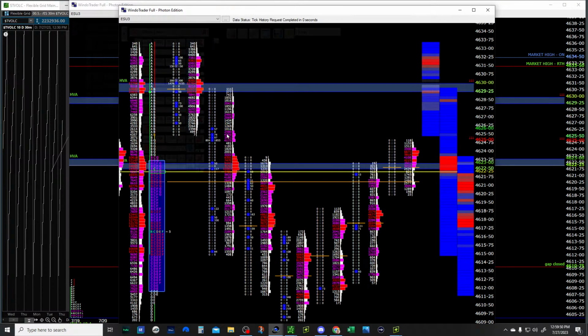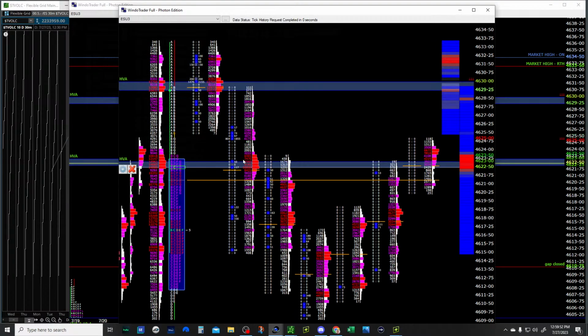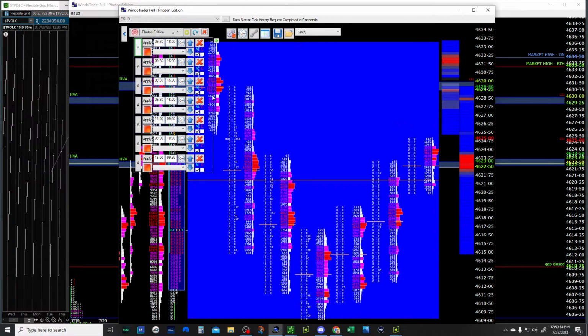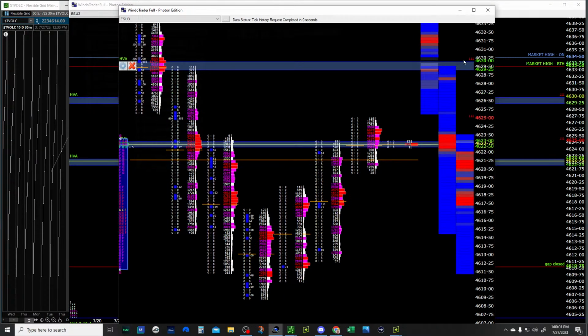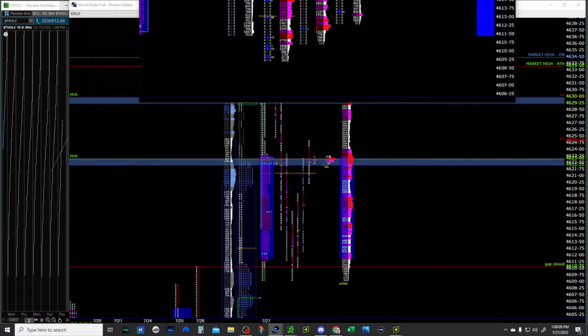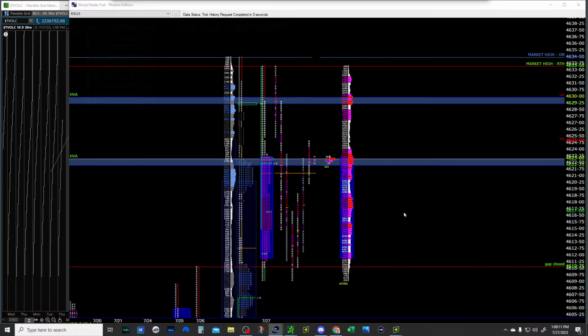And this accumulation volume over 10,000, 12, 10, 8. Eight is not that much, but it's in between those two. Both of them with direction to the downside. I'm not saying the market is going to break.